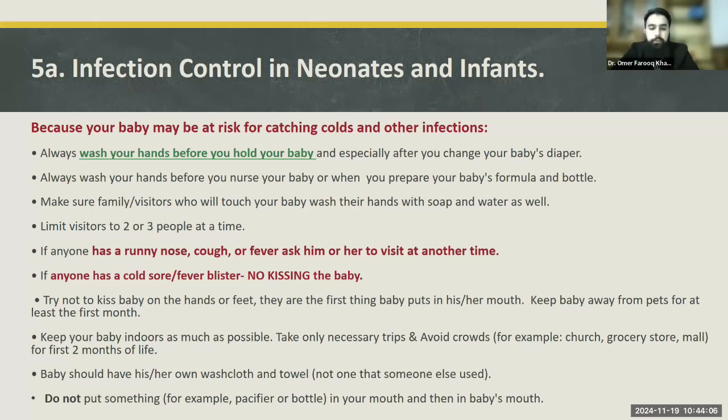There are more than 25 to 30 types of bacteria in our oral cavity, which are not harmful to us, but they may be pathogenic for babies. Therefore, do not put something, for example, pacifier or bottle in your mouth and then in baby's mouth, especially during first 4 to 5 months of life. You take care of these things.